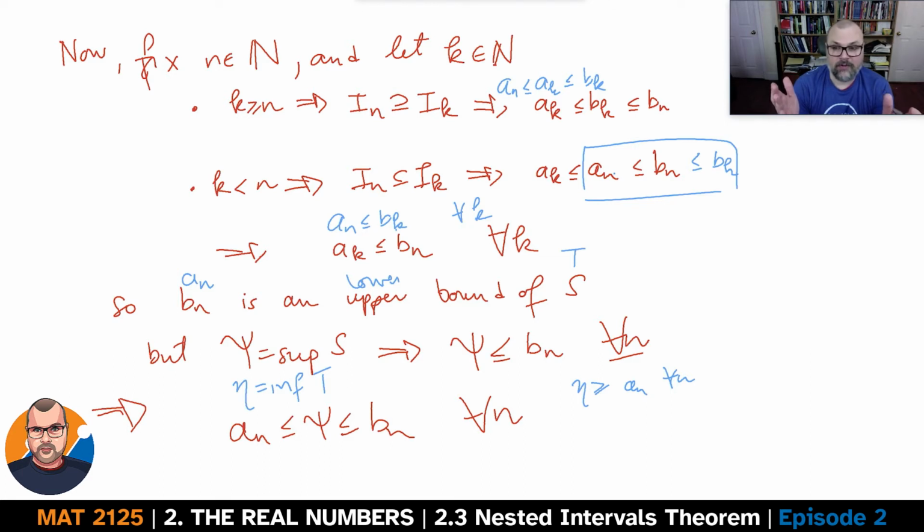So if all of the An's are lower bounds of T, they have to be smaller than eta. And in particular, what we get is that An is smaller than or equal to eta, smaller than or equal to Bn for all n. Okay, so there's a lot of symmetry here, and I chose not to rewrite everything from scratch, just by highlighting the similarities between the statements.